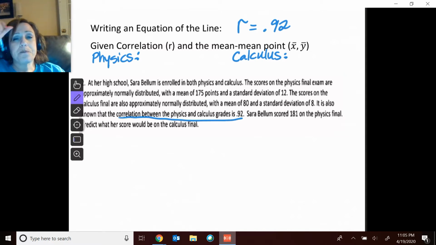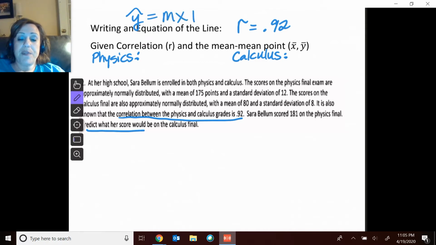Now, the question gives me an indication of which course I want to be X and which course I want to be Y, which one's explanatory and which one's response. Because Sarah Bellum scored a 181 on the physics, we want to predict her calculus score. Because we write equations predicting the Y with mx plus b, I'm going to let calculus be my y, physics be my x.